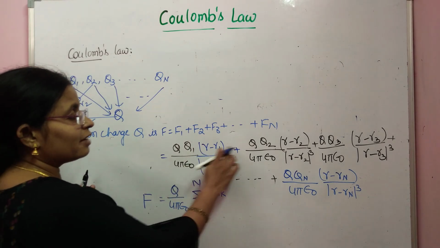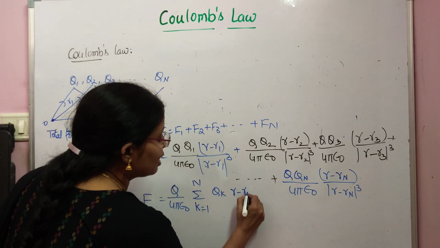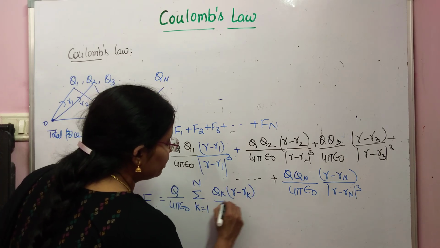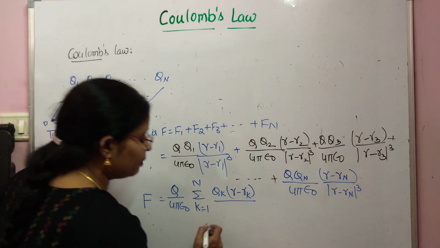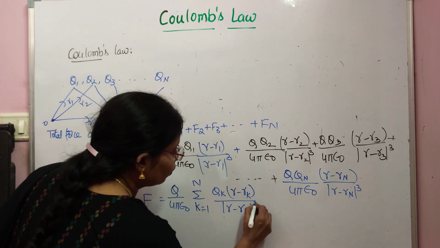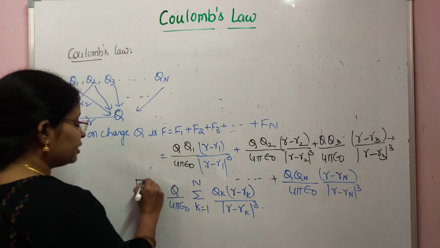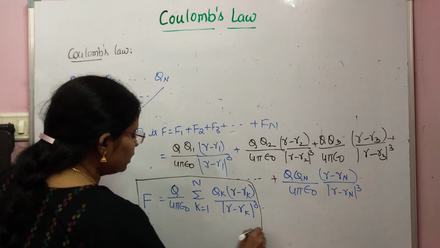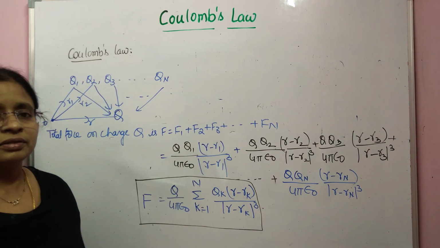Then R1, R2, R3, etc., Rn, so R minus Rk divided by, again in the denominator you have R1, R2, Rn terms, so mod R minus Rk whole cube. So this is the force exerted on charge Q by n number of charges.